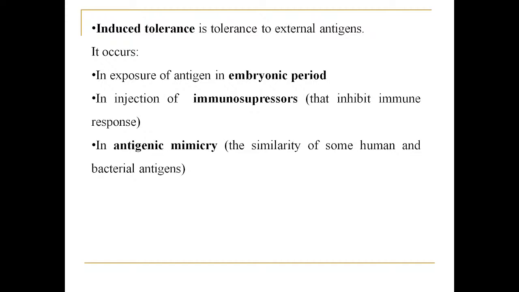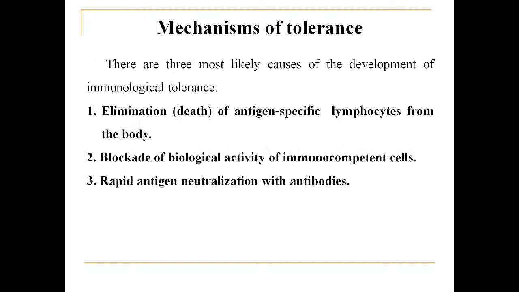The antigen of the M protein of this bacteria is similar to antigens of kidney glomerulus and heart. So the immune system doesn't recognize Streptococcus as foreign. The immune system thinks that it is our own cells.